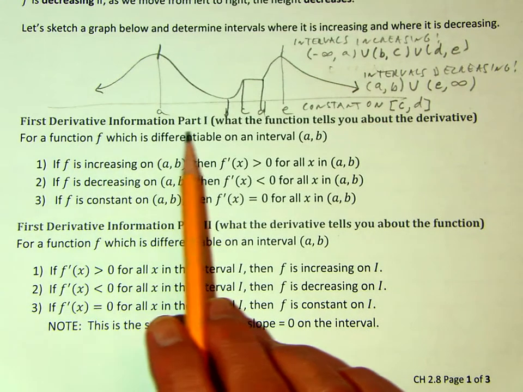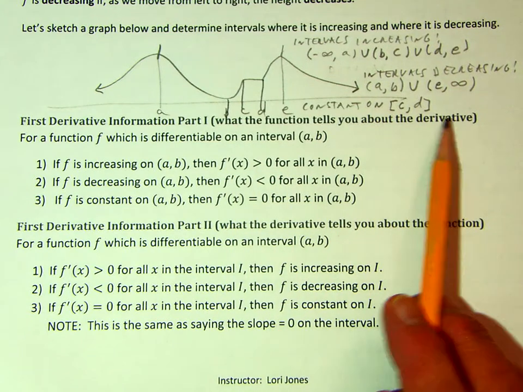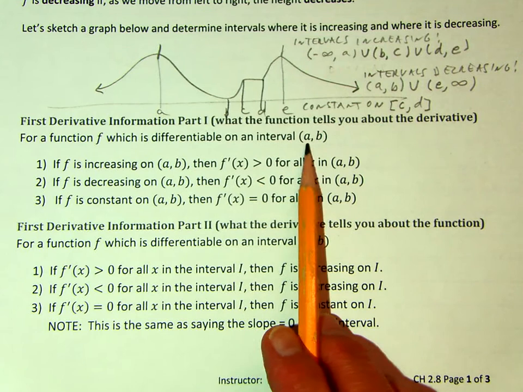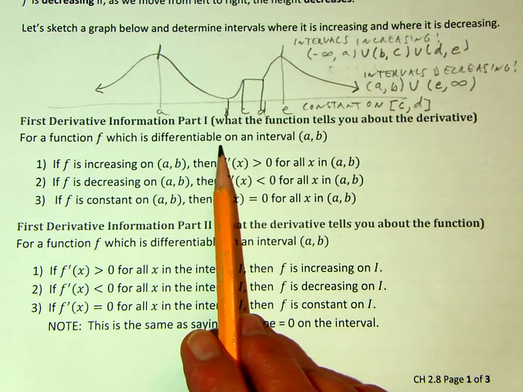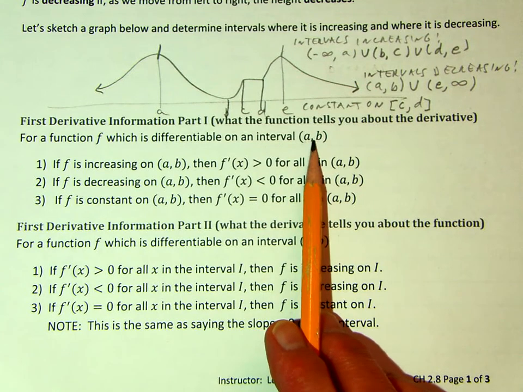First derivative information, part 1. That is, what the function tells you about the derivative. For a function f, which is differentiable on the interval from a to b, so differentiable just means the derivative exists in this interval.